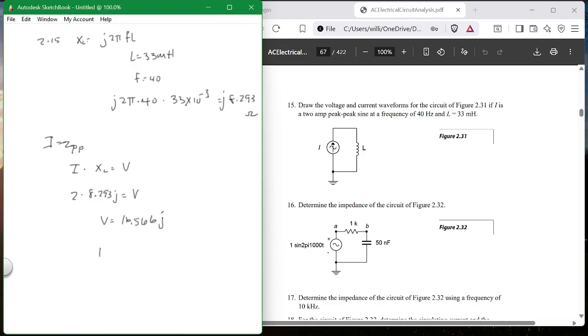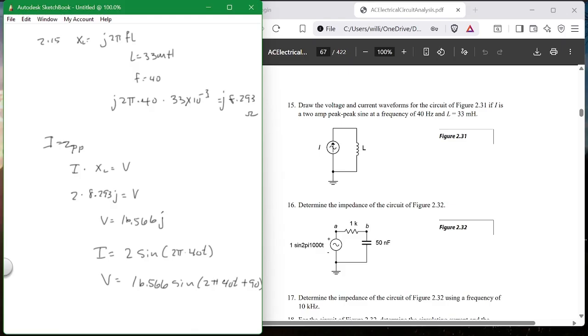So if I is equal to 2 sine of 2 pi times 40 t, V is equal to 16.566 sine of 2 pi times 40t plus 90 degrees. Is that right? Everybody got that? Any questions about number 15? Nope. All right, that should be your answer.